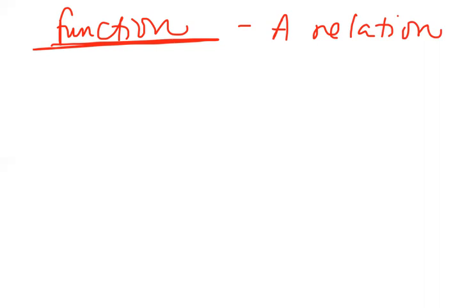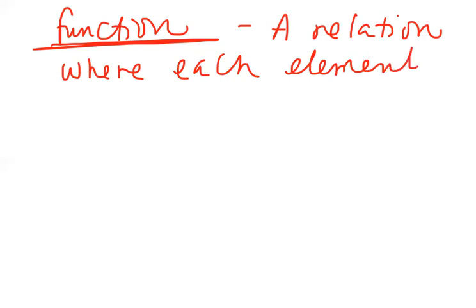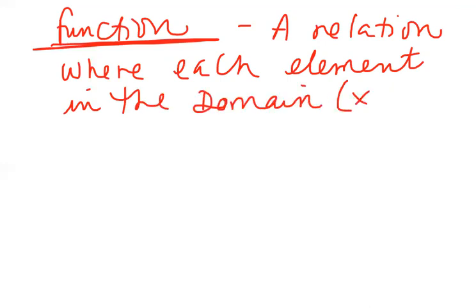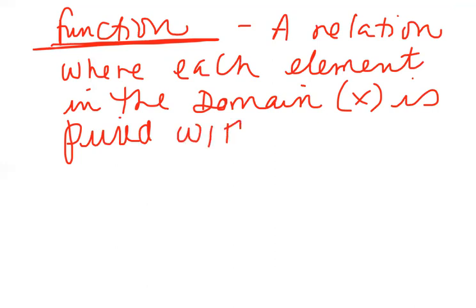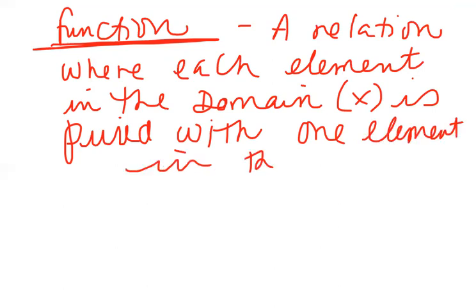It's a relation where each element, number, you could call that, in the domain, and remember, the domain represents your x's or your inputs, is paired with one element in the range. And remember, the range has to do with your y values.